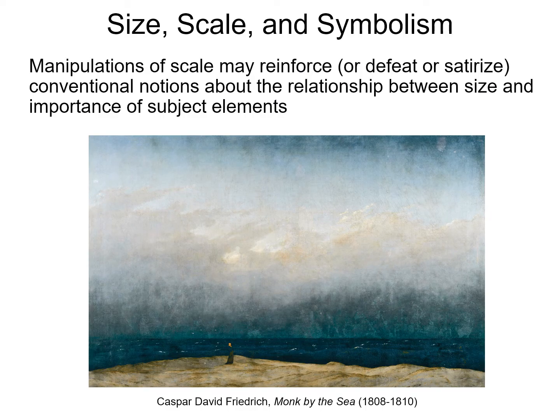Size, scale, and symbolism. There's a lot to discuss here. Let's talk about the painter, Friedrich, as a romantic artist, meaning he existed in the Romantic period, which was the late 18th century, early 19th century. American Revolution had already taken place, the French Revolution, 1793.